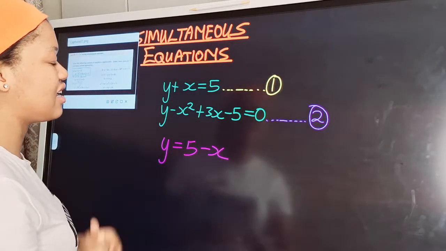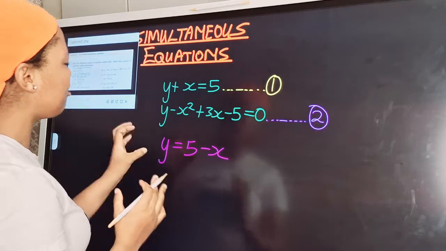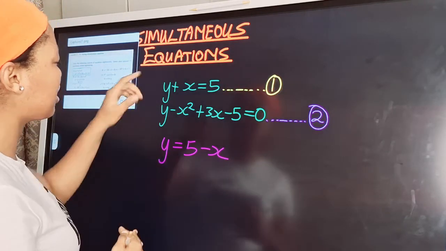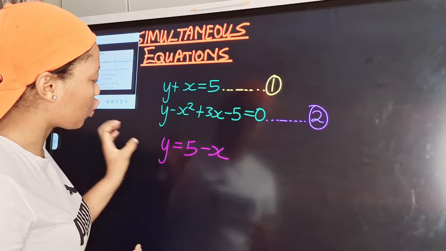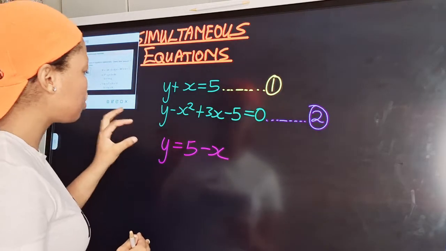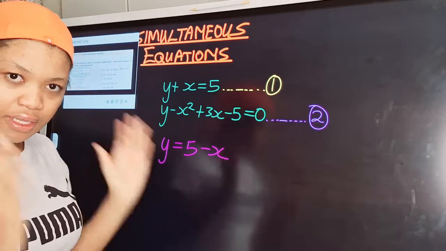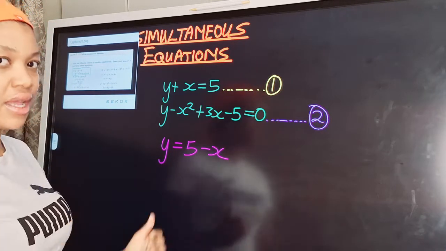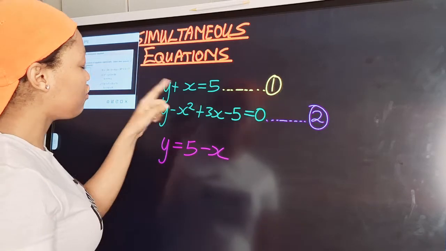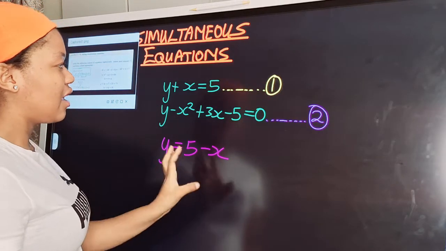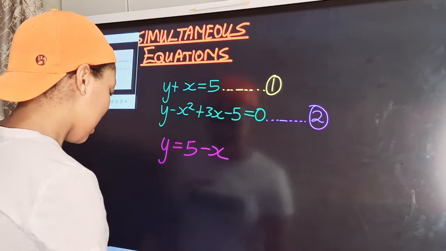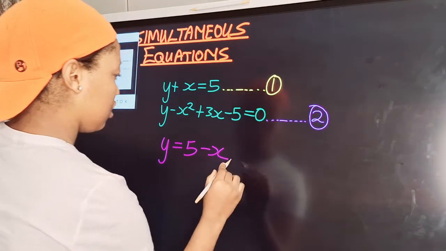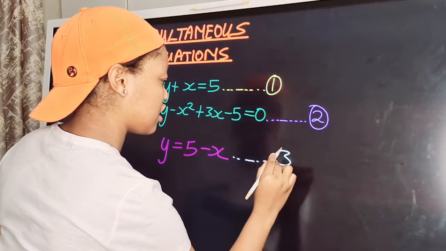If you choose x alone and move y, the answer is still going to be the same. So y on one side, and on the other side 5 minus x. We label this as equation number 3.